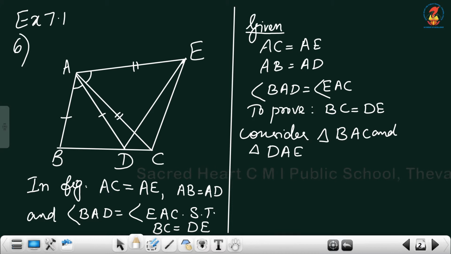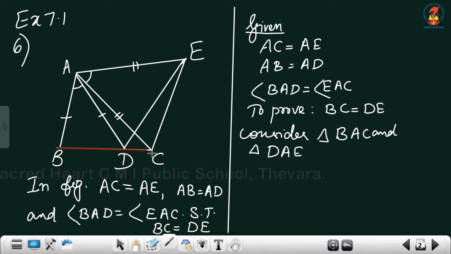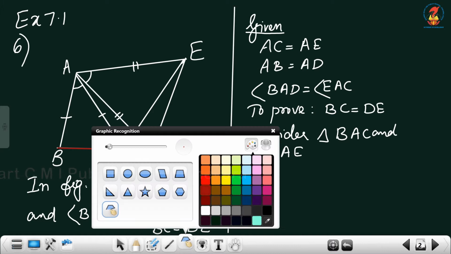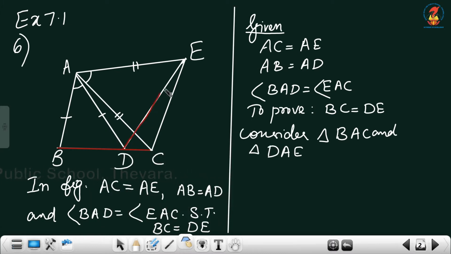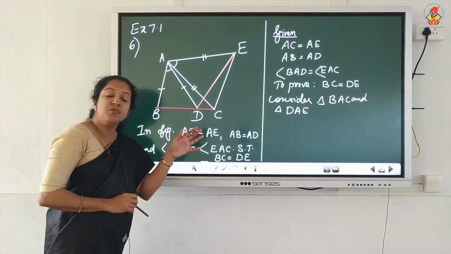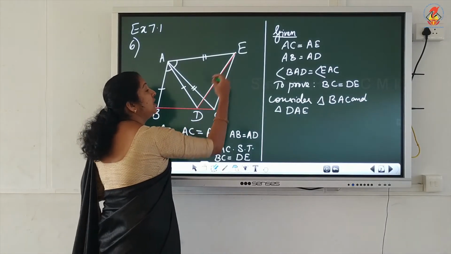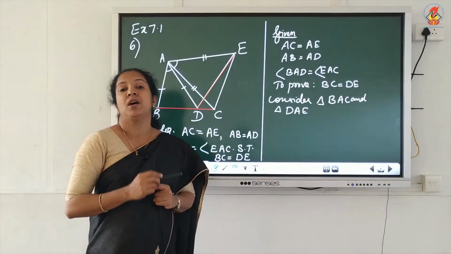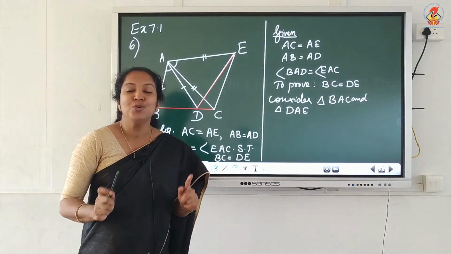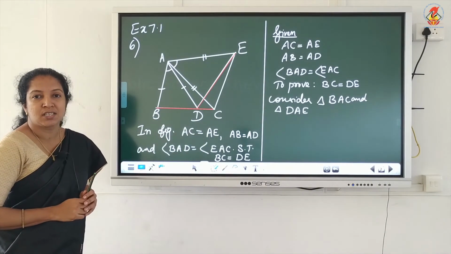Look here, BC is equal to DE. That means we have to identify two triangles in such a way that BC and DE are corresponding parts.